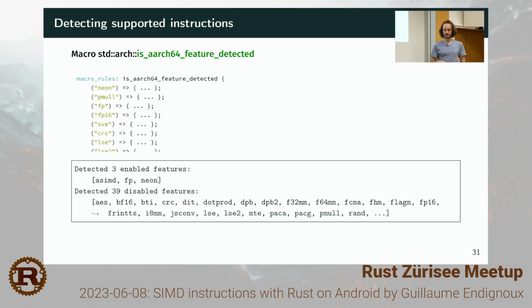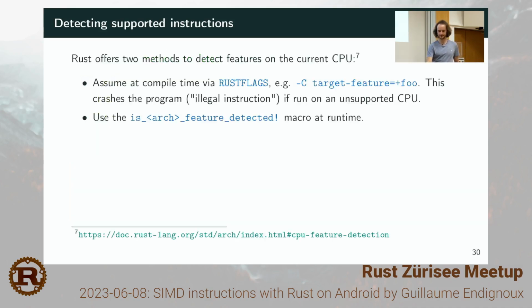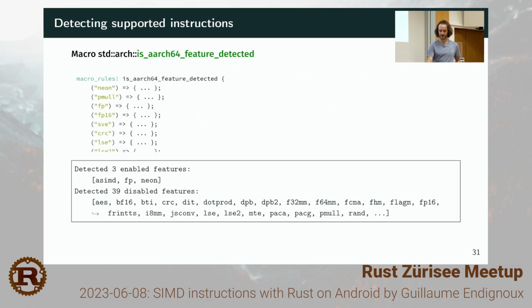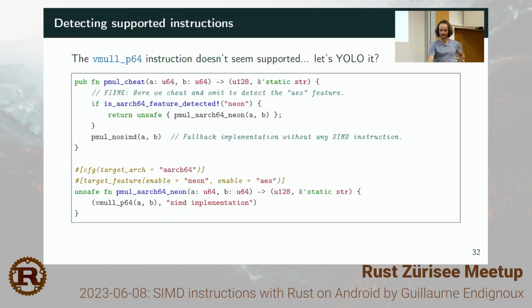The function I showed before was required to have Neon and AES as target features, and here I only have Neon, so I was a bit disappointed that I couldn't run my test. So I just thought, okay, well, what if I run it anyway? Maybe it's UB, maybe it works. Let's at least give it a try.